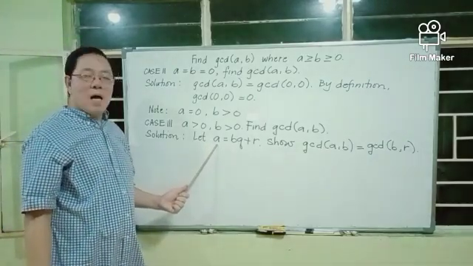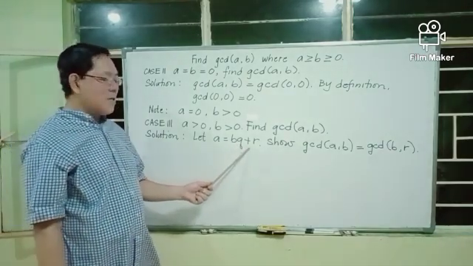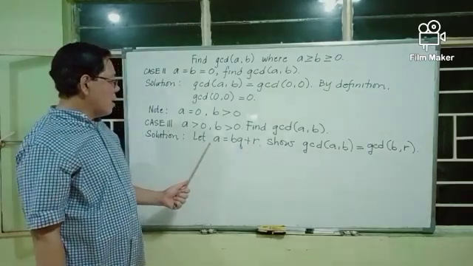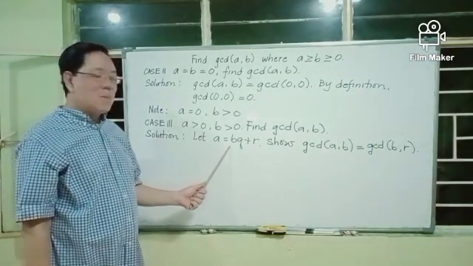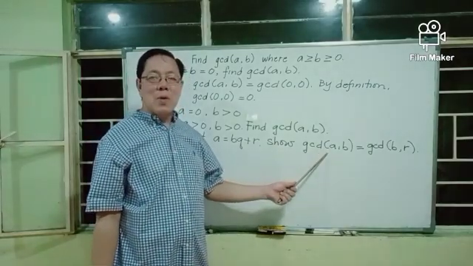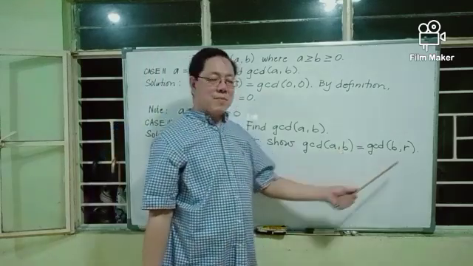We write A as a multiple of B plus a positive remainder R. And if we write A in this form, we will show that the greatest common divisor of A and B is equal to the greatest common divisor of B and the remainder R.